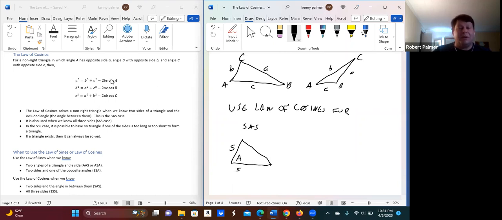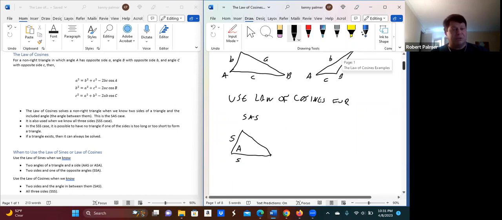So look at our formula then. For example, this is side A, that's what we want. So the side opposite angle A would be the sum of the squares of the other two sides, these two sides, minus 2 times those two sides again times the cosine of this angle. Okay, so that's one case in which we use them.